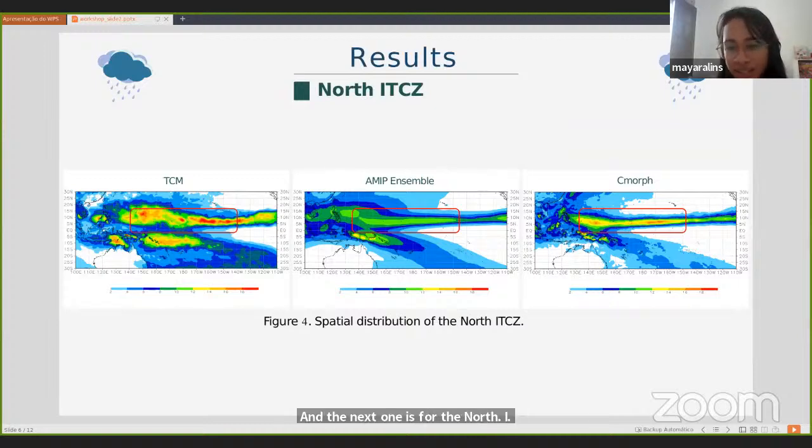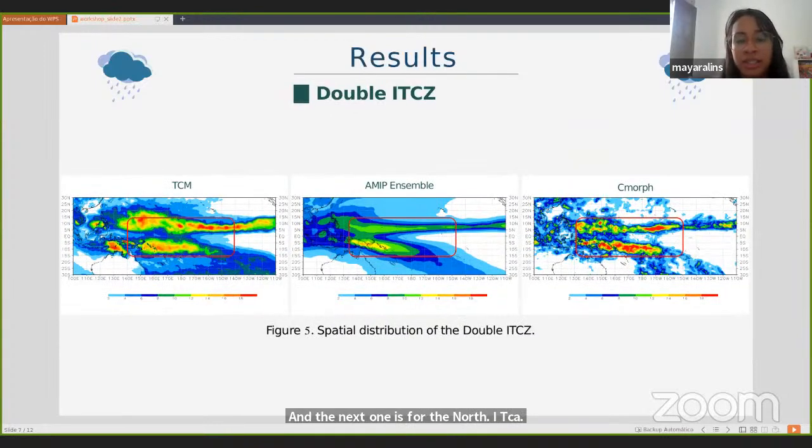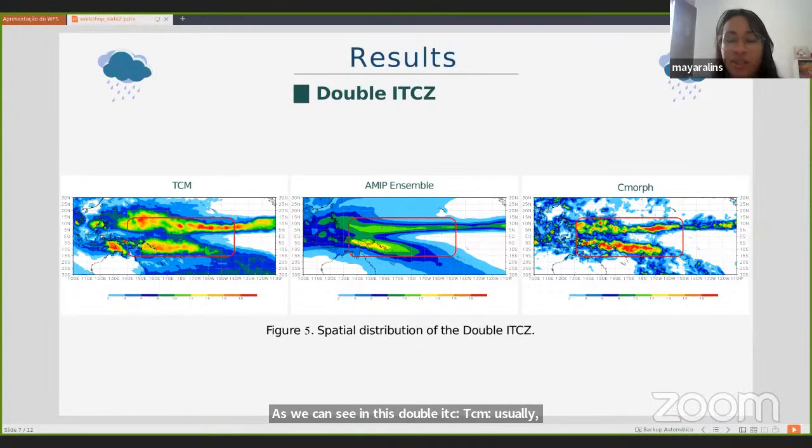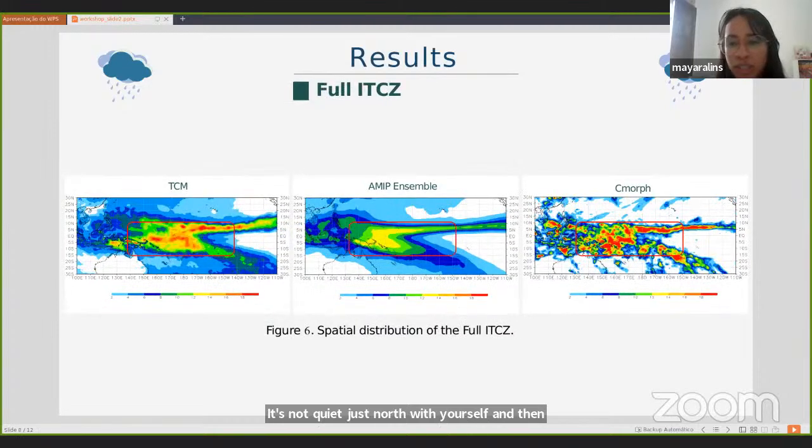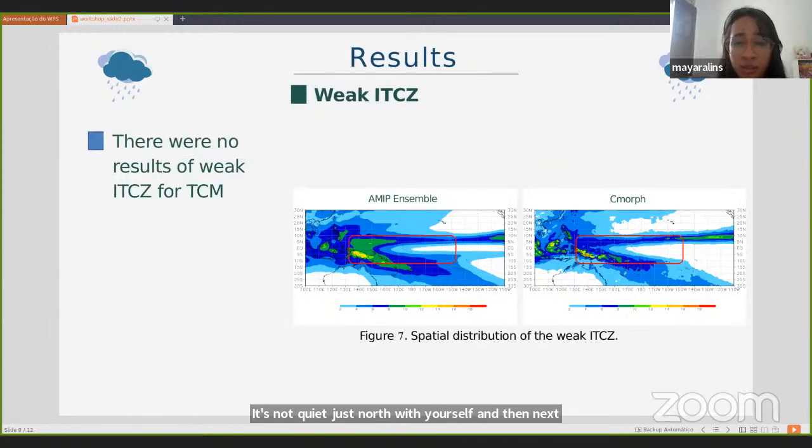As we can see in this double ITCZ, TCM usually represents North and South ITCZ, mostly, as some of the double ITCZ is not quite just north or just south. And the next one is the full ITCZ, and the last one is the weak ITCZ.